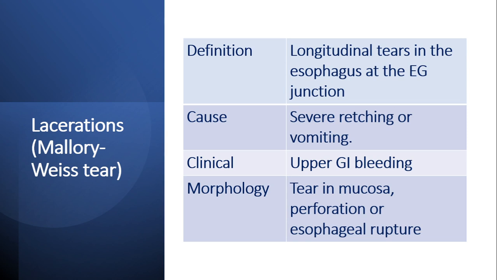Laceration, or Mallory-Weiss tear, or Mallory-Weiss syndrome. This is a condition resulting from a longitudinal tear of the mucosa and submucosa of the esophagus without involvement of the muscular layer.